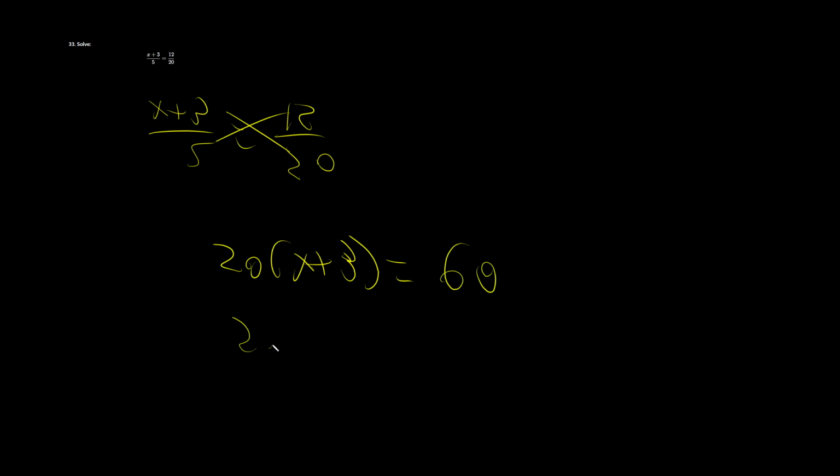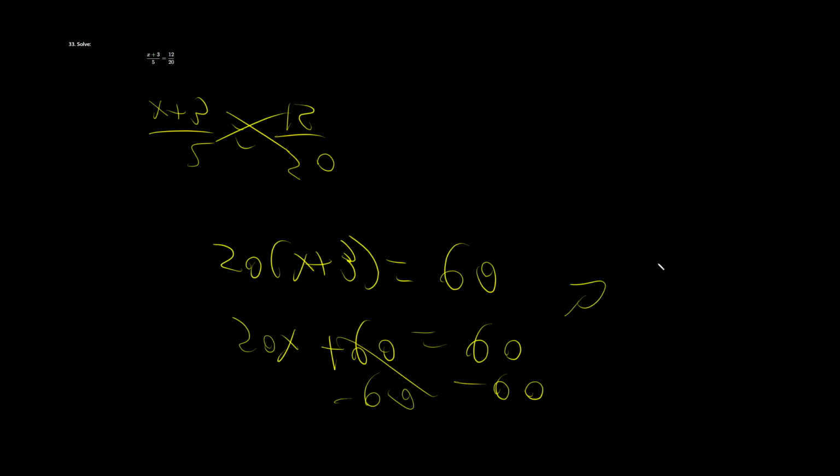You distribute this, you get 20x plus 60 is equal to 60. You minus 60 from both sides. This becomes 60. You get 20x is equal to 0. Divide both sides by 20. I mean, it's kind of pointless, but you get x is equal to 0, which feels a bit wrong, but no, it's right.